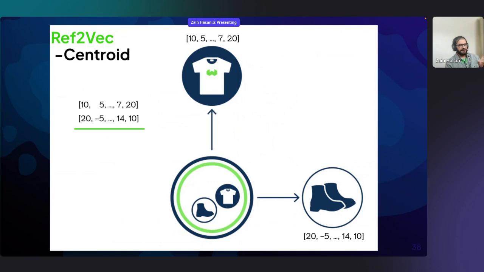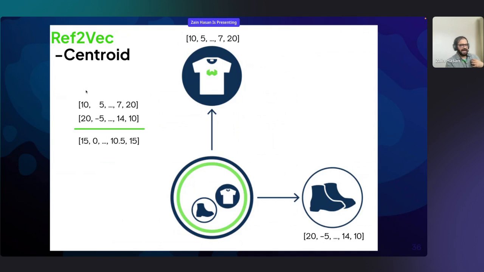So how we do that is using a centroid methodology here, which is the simplest form. If I've interacted with two items, the user vector for this object here is going to be the average of all of the vectors of products that I've interacted with.